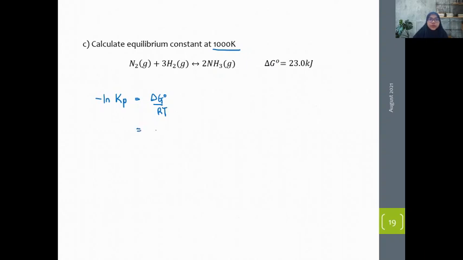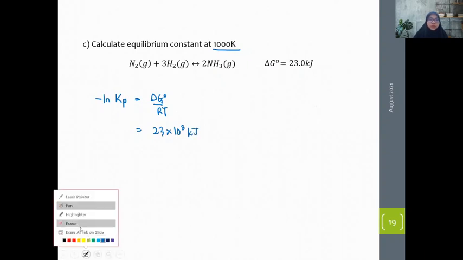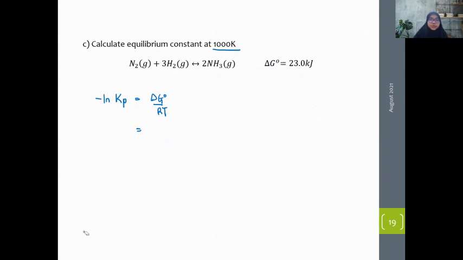So delta G standard is 23 kilojoule per mole, converted to joule per mole, over R is 8.314 joule per mole K, and then the temperature is 1000 Kelvin.